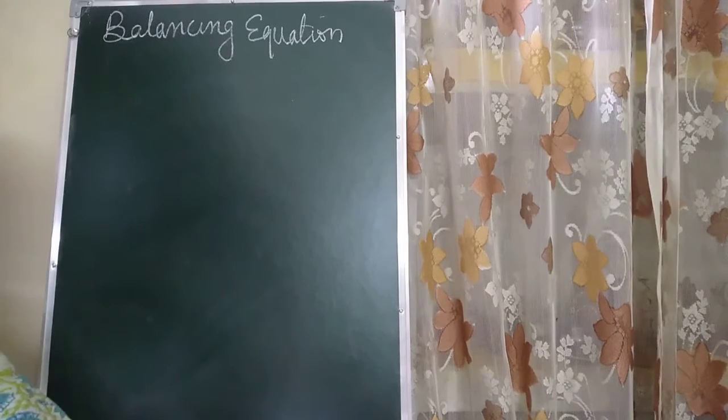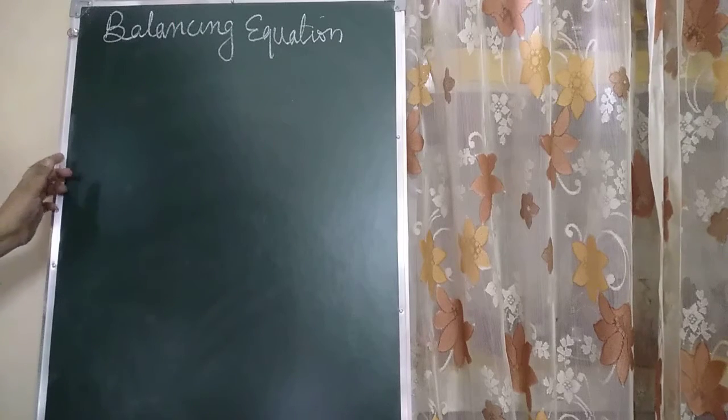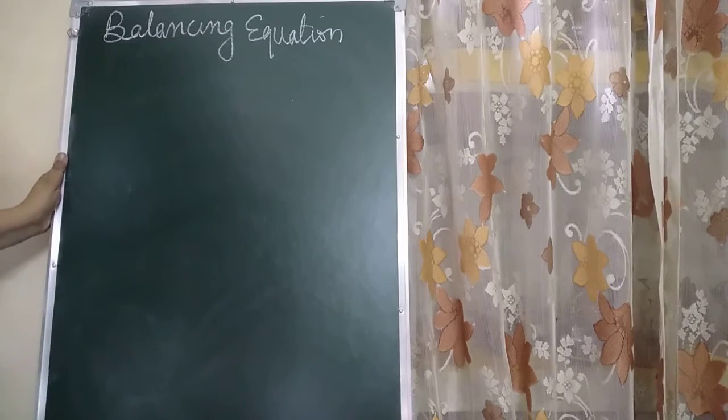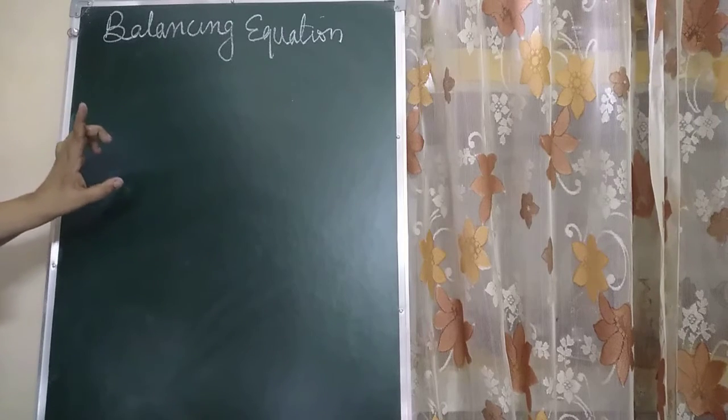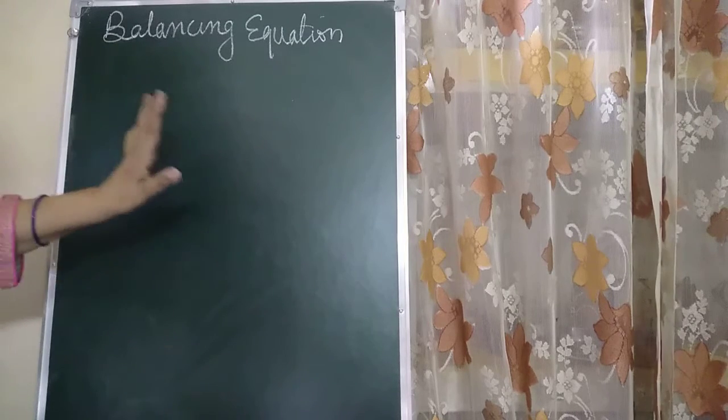The first step in balancing an equation is to count the number of atoms of each element on both sides of the equation, on the left hand side and on the right hand side.